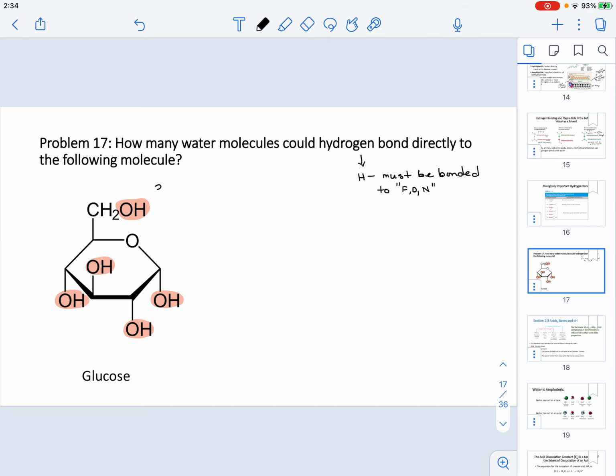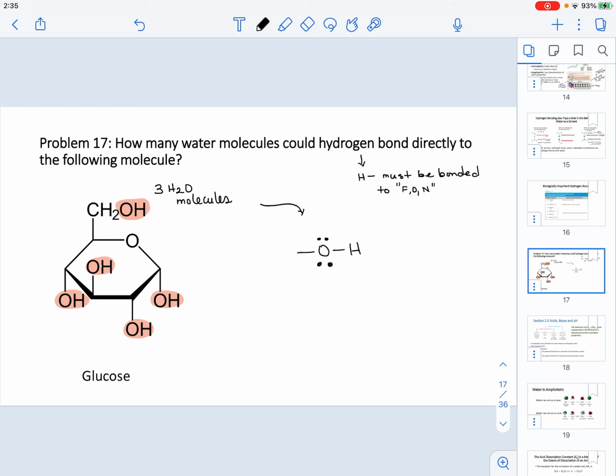Now, the rule of thumb is that if you have a hydroxyl group, there's going to be an interaction with 3 water molecules. So every OH is going to interact with 3 water molecules. How does this occur? I'm just going to take a snapshot of this and then illustrate the OH group. I'm going to write the lone pairs on that hydroxy group.